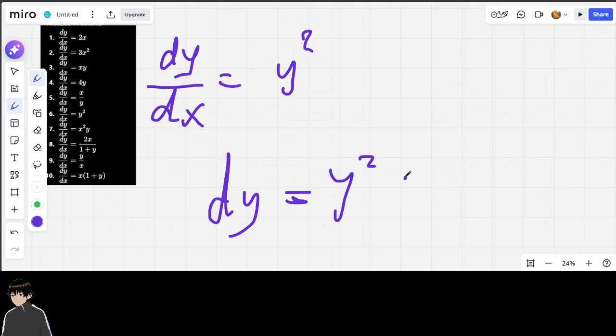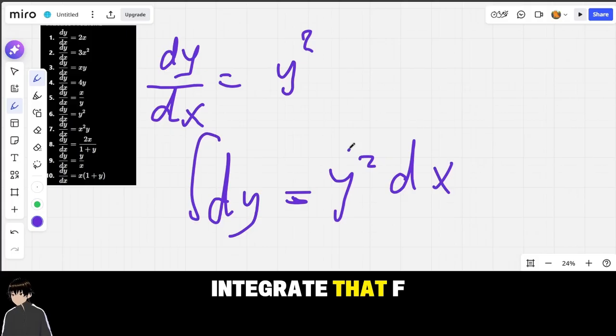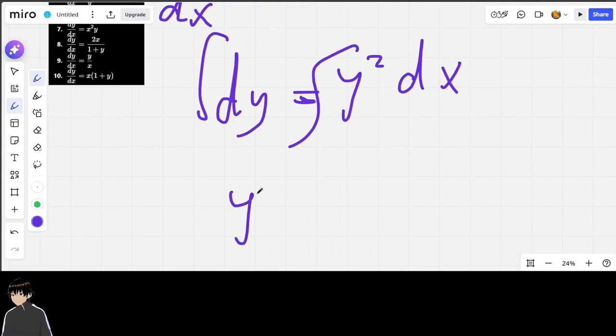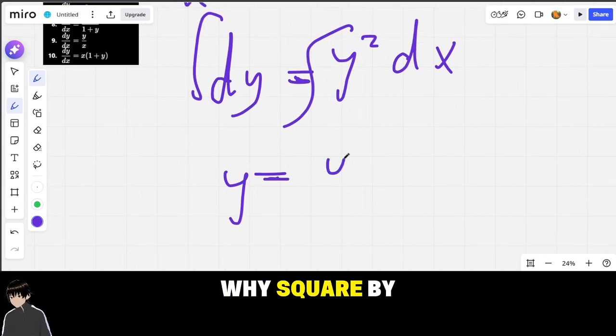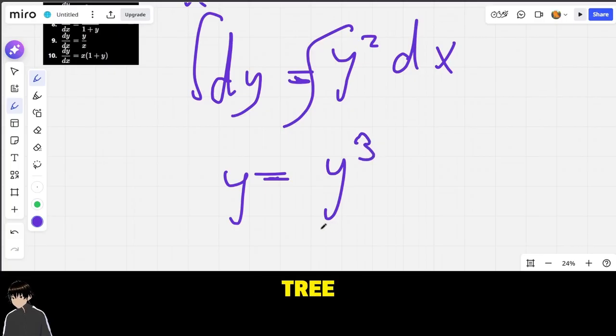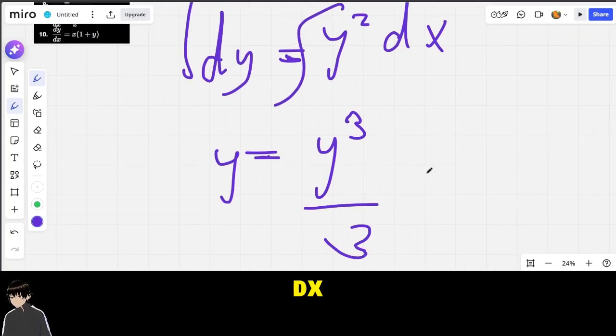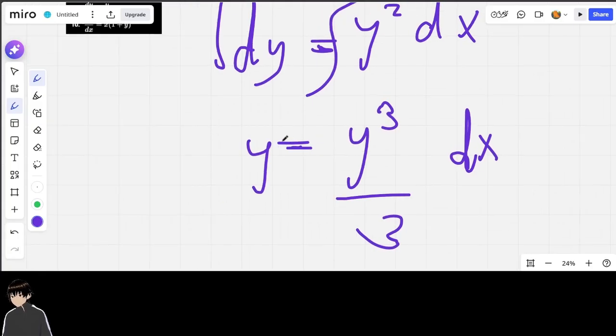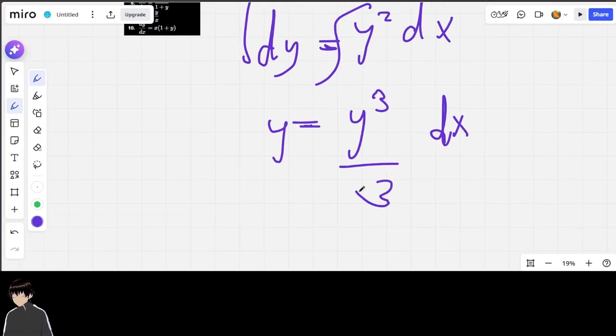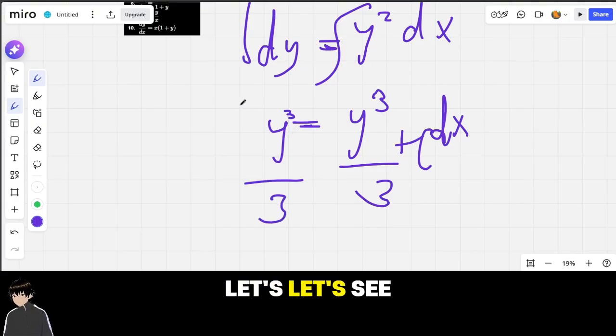Integrate that. We get y to the power of negative 1 over negative 1 dx. There we have plus c, and x plus c here.